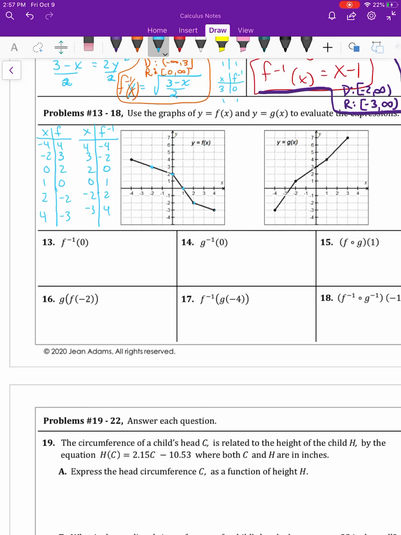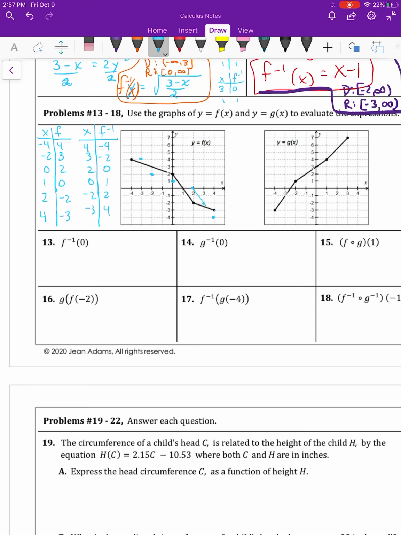And so I'm going to erase those because I'm going to draw my inverse in blue. So positive 4, negative 4. And then positive 3, negative 2. 2, 0. 0, 1. Negative 2, 2. Negative 3, 4.